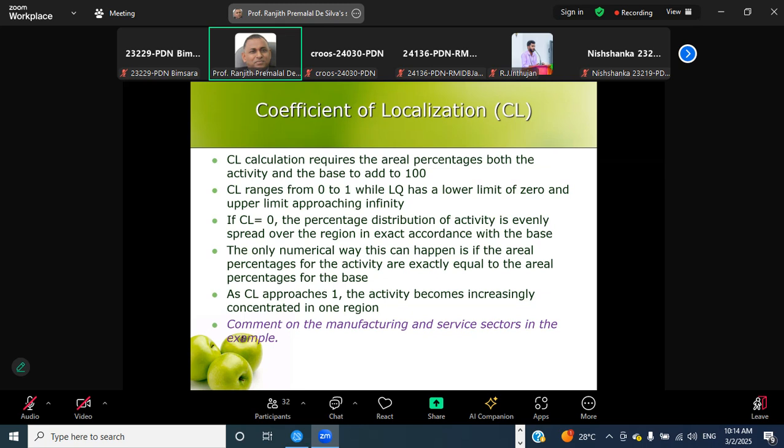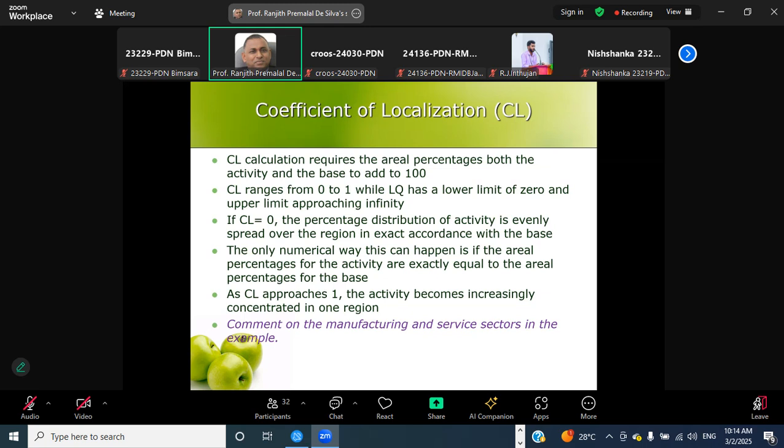Now, if you have a map of, say, DS divisions in Sri Lanka with some parameter, you can calculate and plot a map showing how the coefficient of localization varies in different DS divisions, right?